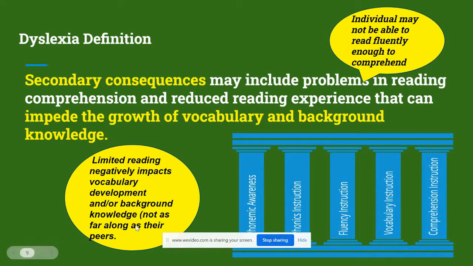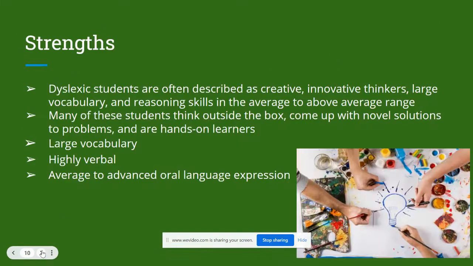They're not as far along as their peers with their vocabulary and their background knowledge. And so that is the last part of the definition, just basically stating how it impedes the growth of vocabulary and background knowledge. So that was a lot in that definition, and I hope it helps to have it broken down. I know it helped for me to understand dyslexia a little bit clearer.